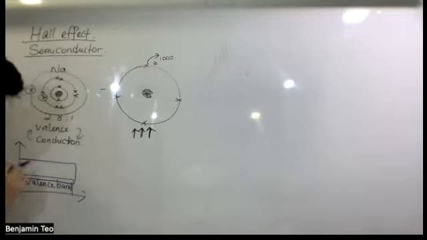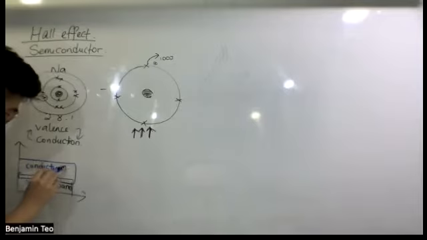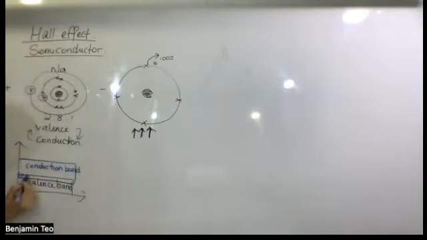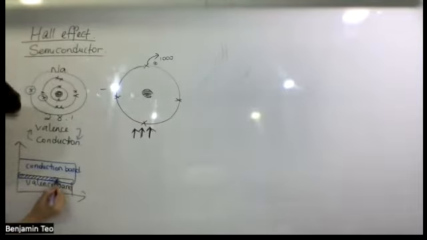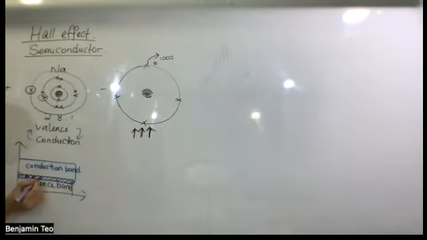Notice that for metal, the valence band and the conduction band overlap. This overlapping part means that if this electron belongs here, it can be in the valence band, it can be in the conduction band. All the electrons in this region automatically become conduction electrons when needed.